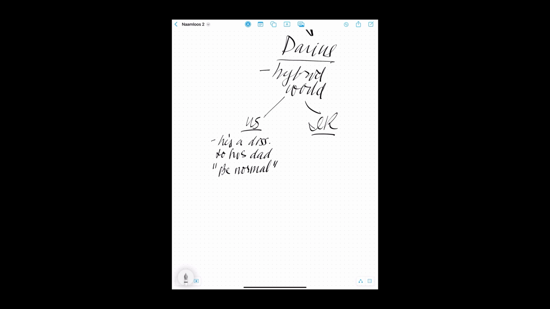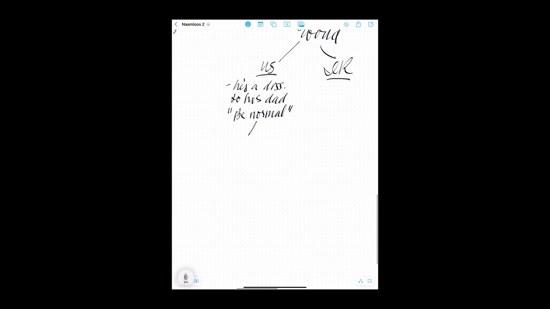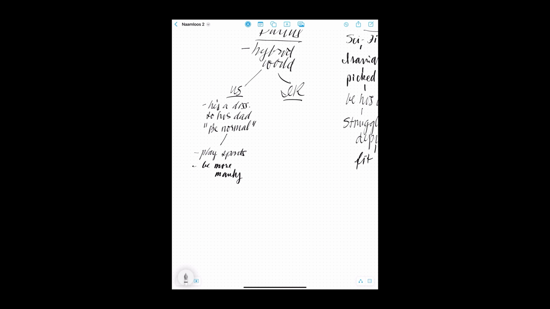And what is normal? Normal in this story is play sports. And there's even an instance where that's discussed. So, play sports. His father also likes sci-fi, but his father wants him to be more manly, because we get the hint that Darius is this quiet, geeky kid.